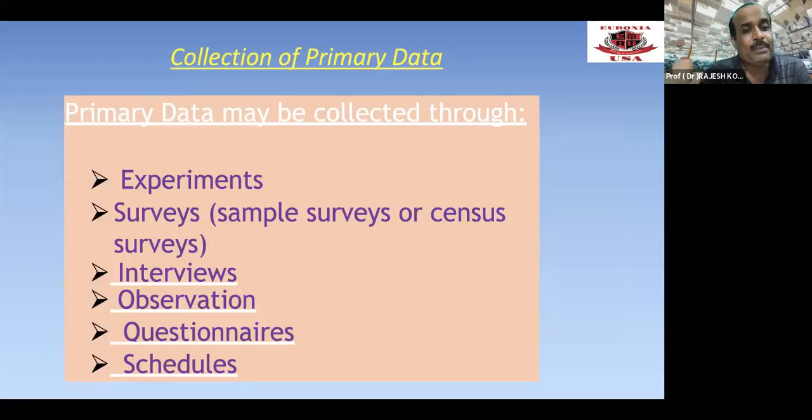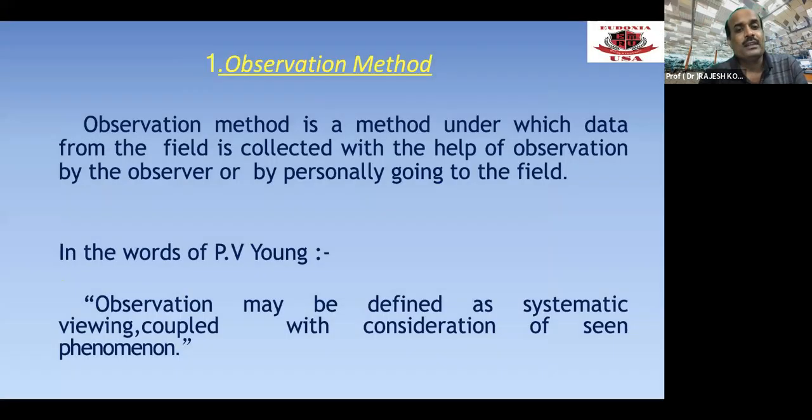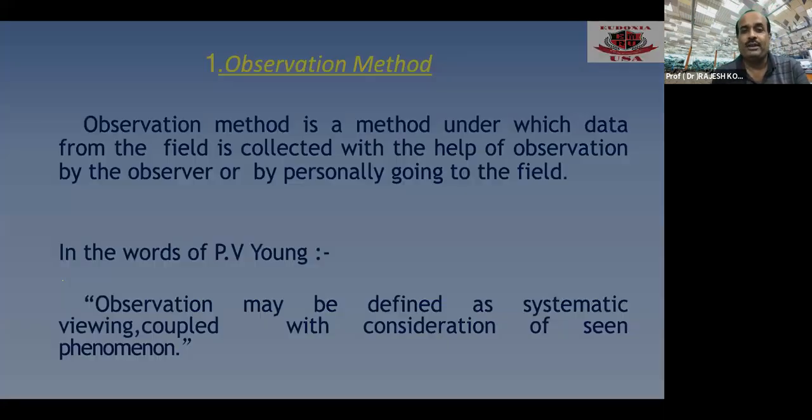Primary data is collected by experiments, surveys, interviews, observation, questionnaires, and schedules. The observation method is a method under which data from the field is collected with the help of an observer personally going to the field to observe. It may be defined as systematic viewing coupled with consideration of the seen phenomena.